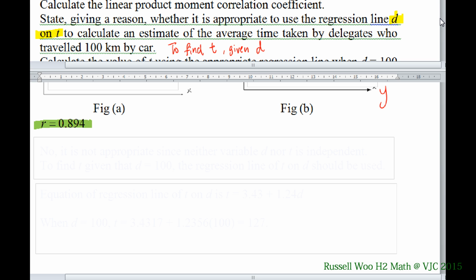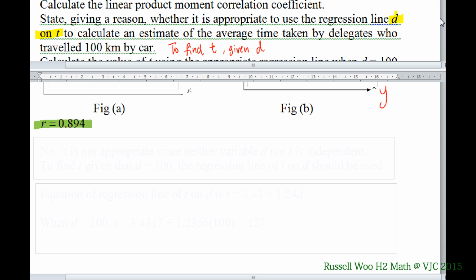You should use T on D, not D on T. You look at flow chart page 9. Correct? You look at the left hand side, there is no clear control variable. And now, because you are given distance equals 100, you want to find T, you should use the regression line T on D, not D on T.